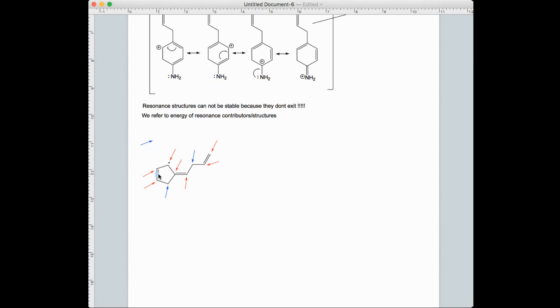Same thing applies here. This double bond here is isolated from this one because this carbon over here is sp3. It is connected through this one on top because this one will be sp2. So we have basically 1, 2, 3, 4, 5 carbons through which we will find electron delocalization.